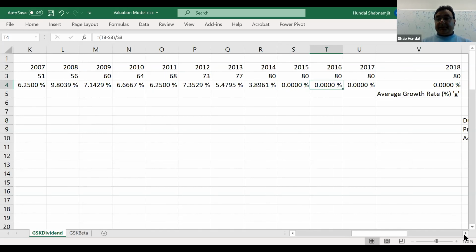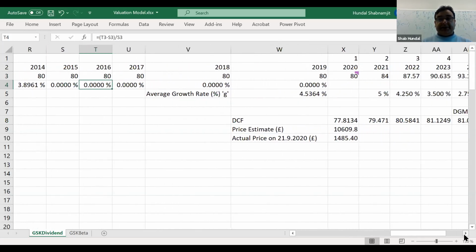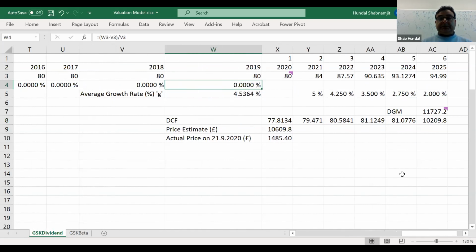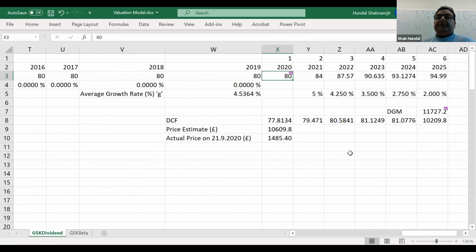And 2018, 19, and this. 2020 is not full yet. Of course, as I said, they have November, but I wrote a note here.